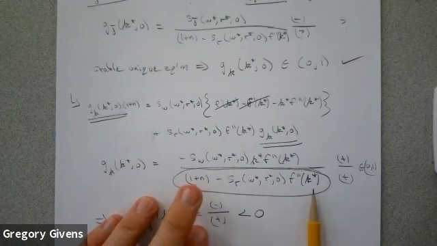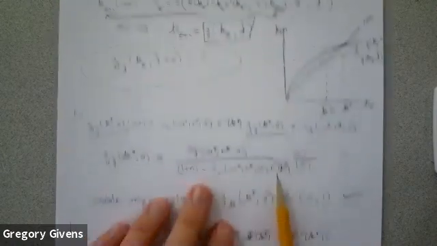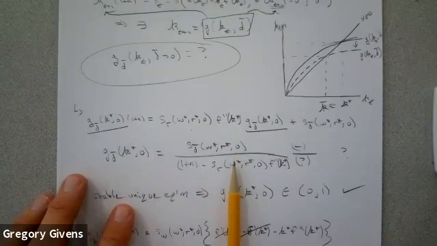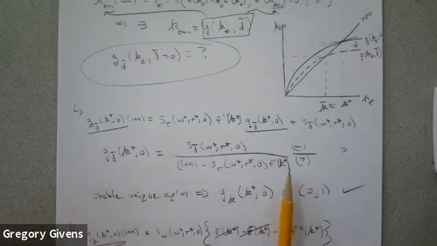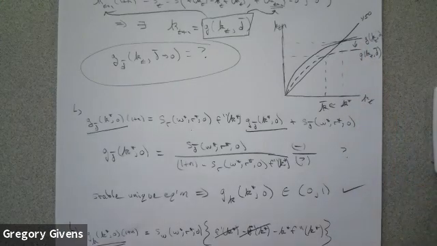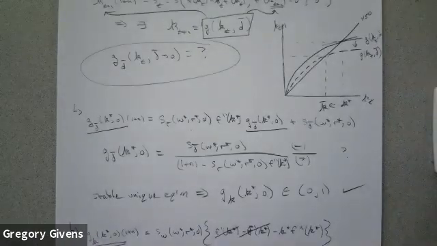Now that we know the denominator here is positive, we can go back up here and actually sign what this derivative is. It's a negative over a positive, making the whole thing less than 0. Therefore, G indeed shifts down as Social Security taxes go up. That is the general equilibrium result.